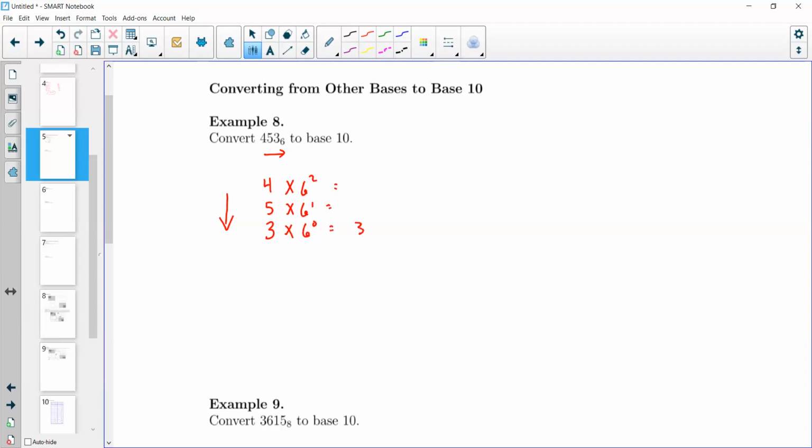So this is 3 times 1, 5 times 6, and 4 times 36. Now this is 3, 30, and what's this, 144? This gives us 177. Again, we're base 10, so we don't have to put the base.